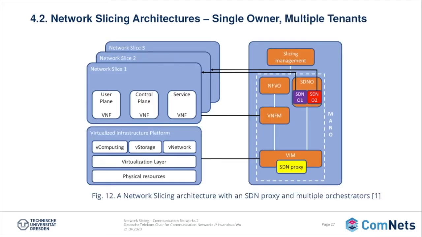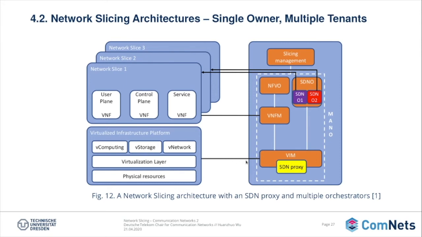The second one is single owner multiple tenants, because supporting multiple virtual networks is now becoming common in many settings, from data centers to service provider networks. So in this framework, an alternative technology to implement network slicing is the usage of an SDN proxy, typically controlled by the owner of the physical network infrastructure.